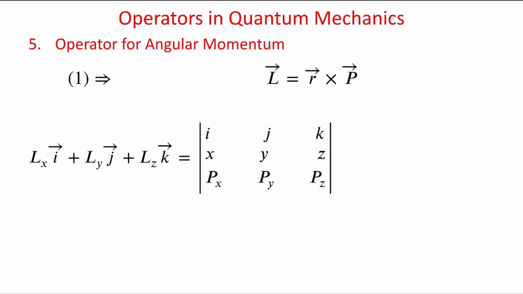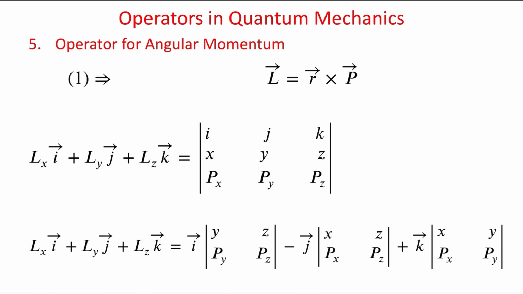Now we write equation 1, L is equal to R cross P, as Lxi plus Lyj plus Lzk is equal to the cross product, which can be represented in the form of a determinant: ijk, xyz, px, py and pz.